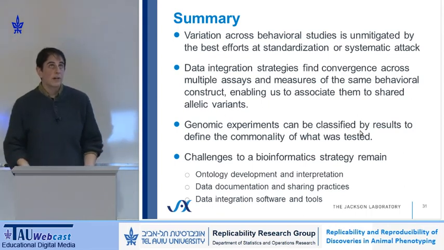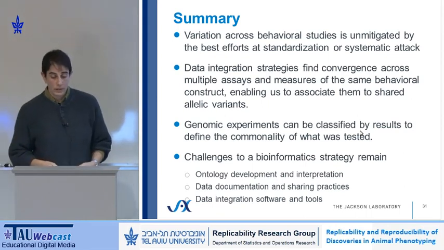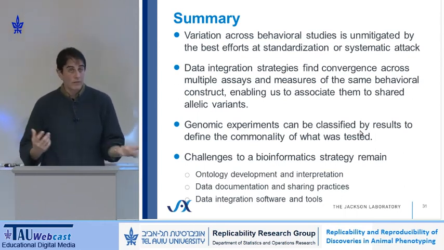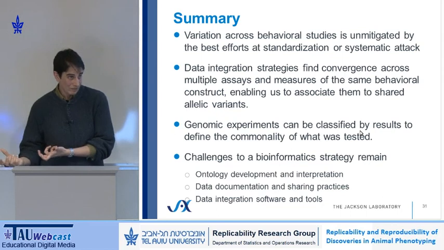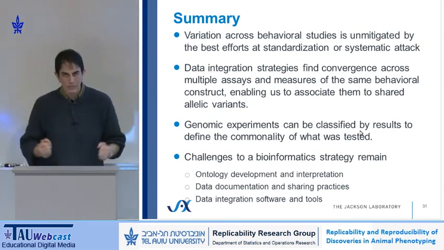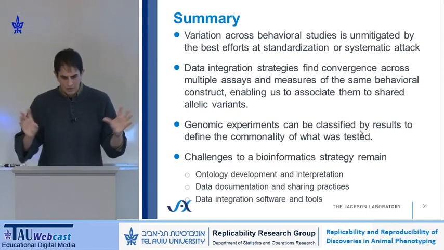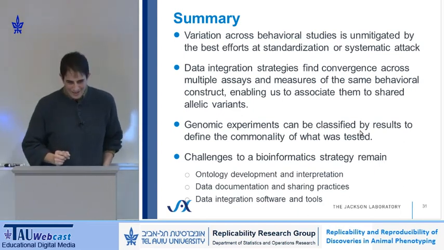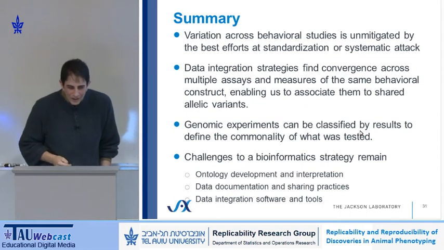So we can actually find the shared associations to allelic variants. Our genomic experiments can be classified by results to define the commonality of what was tested. So we don't have to know what it means. We can parse that out of what the results were, and go figure it out later.